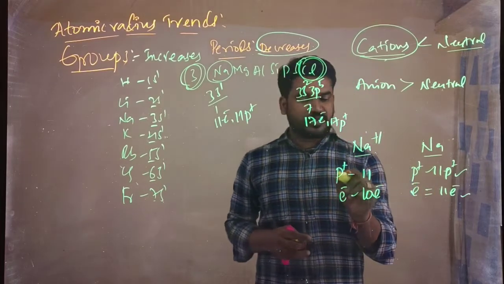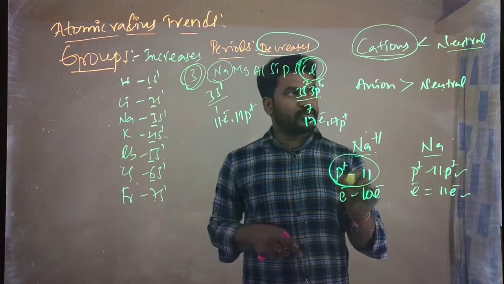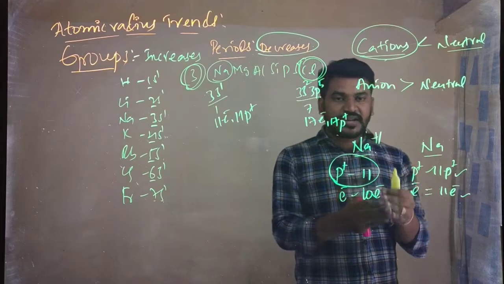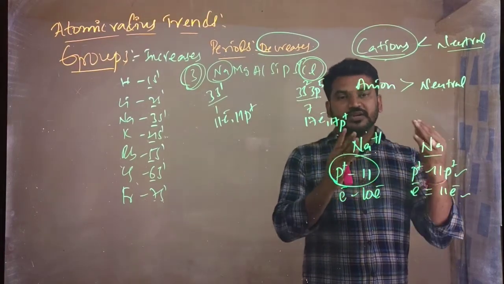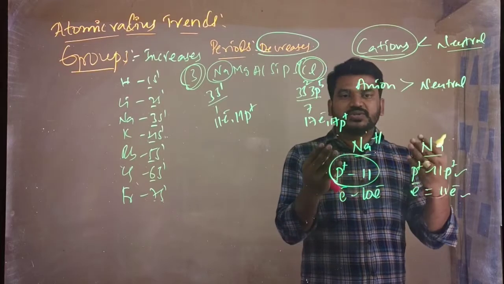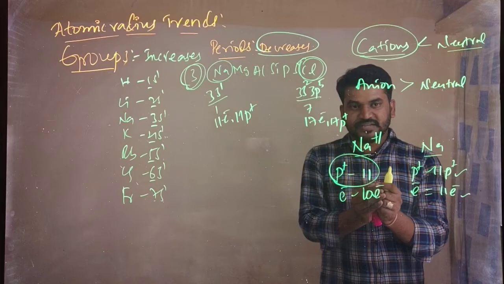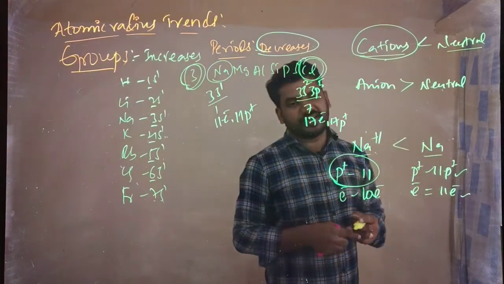And here there are 11 protons and 10 electrons, that is, protons are more. Protons do the attracting, so 10 electrons are attracted by 11 protons. That means the attraction will be more, so the atom size decreases, pulled inward towards the nucleus. So here the size will be less.